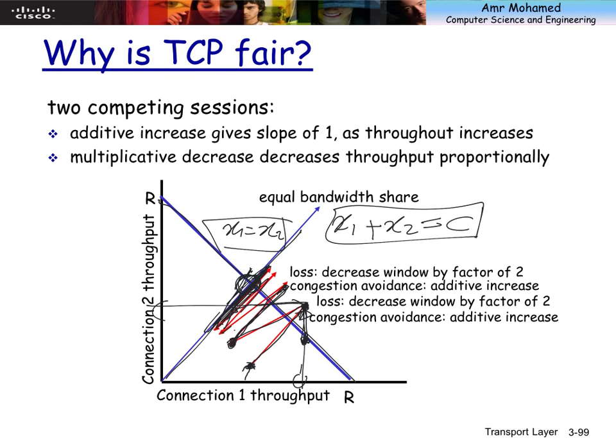However, this happens through several iterations, and one of the bad things about TCP is that it's very slow in reaching the capacity of the link, and it keeps dropping below this capacity for any event.